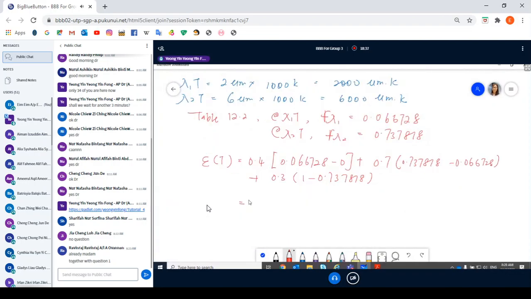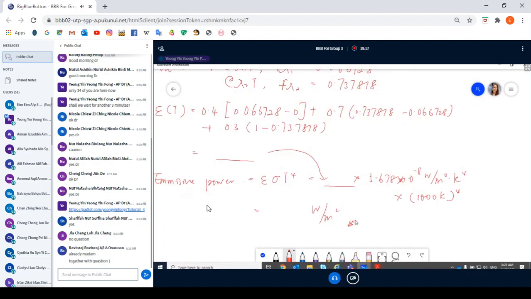Then after that, the emissive power will be the value from here times sigma T to the fourth. Then you can get the value, with the answer in watt per meter square. So students, you can proceed to the calculation.